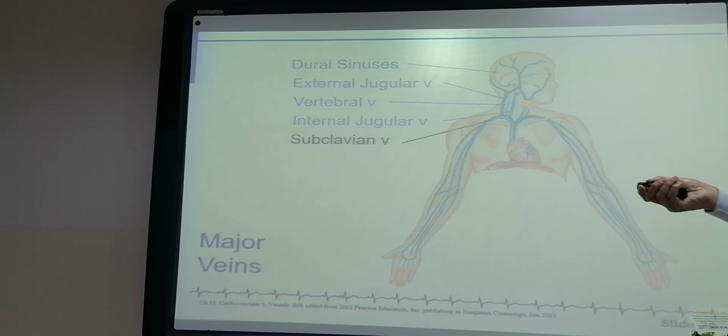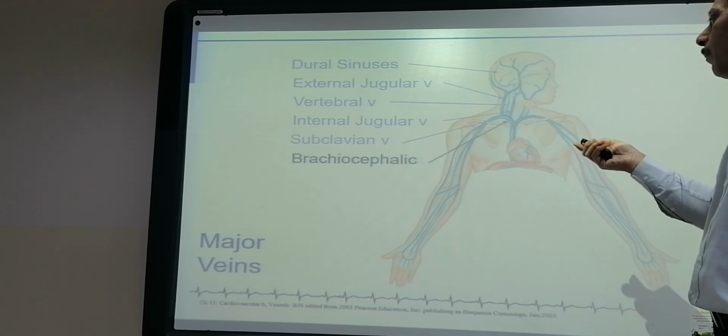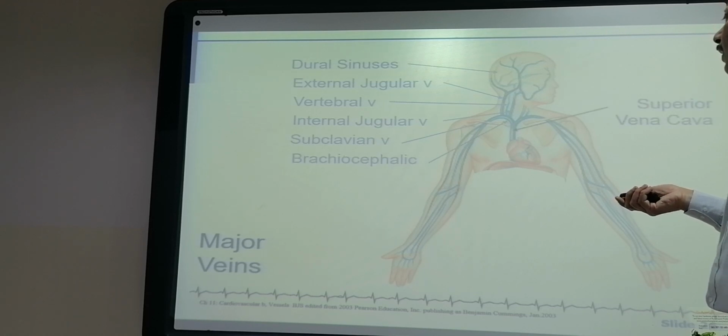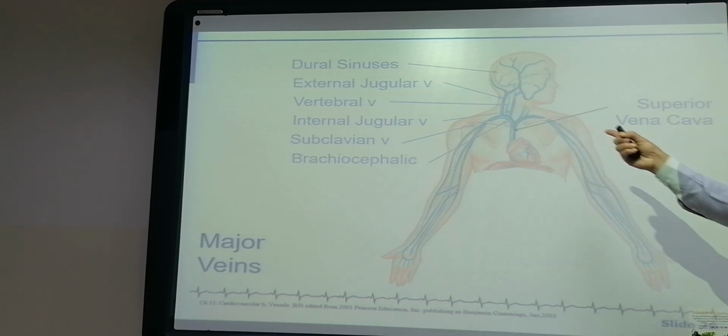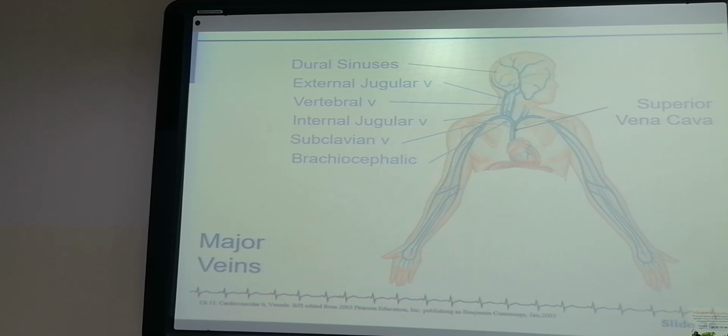It will drain to the subclavian vein, then the brachiocephalic vein, and from the brachiocephalic to the superior vena cava.